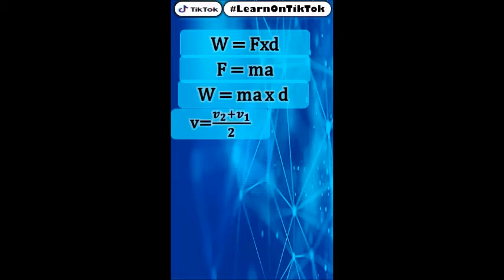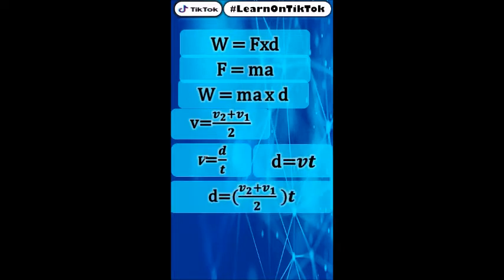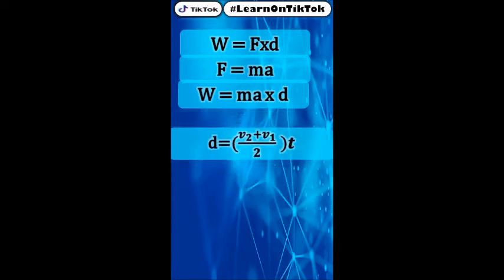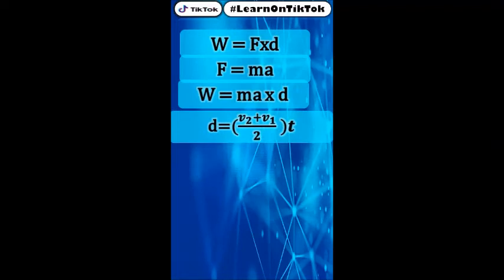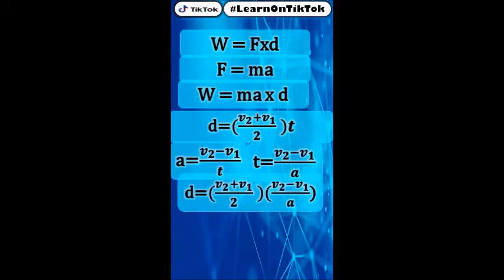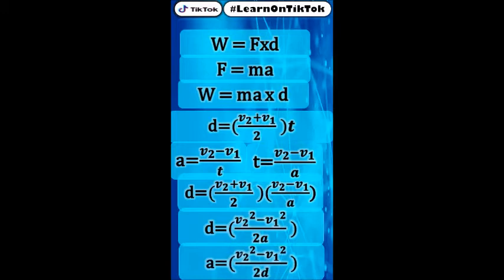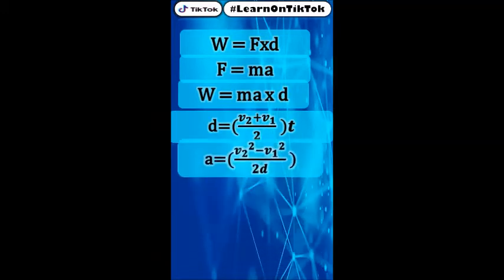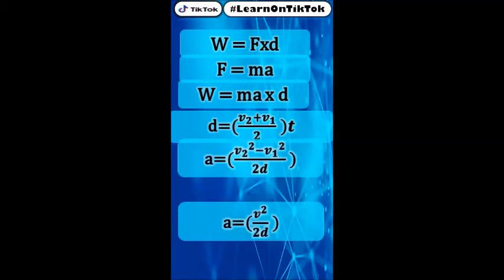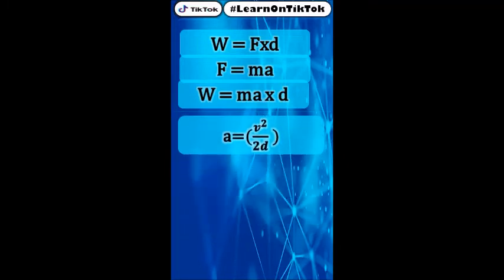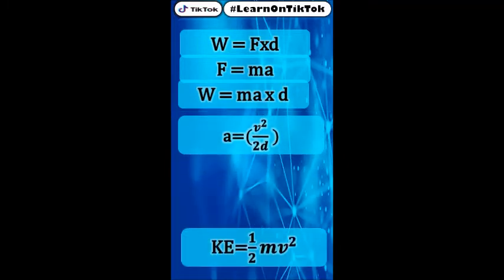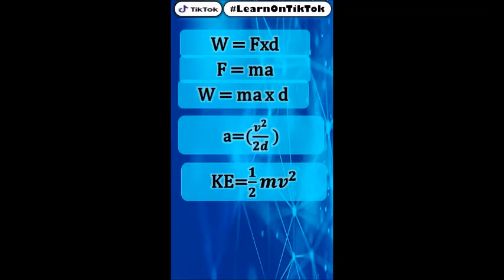We need to define the acceleration in terms of velocity. We can use this kinematics equation for one-dimensional motion. By substituting this into the work equation, the translational kinetic energy is now equal to 1/2 mv squared.